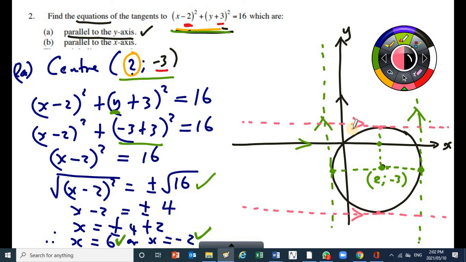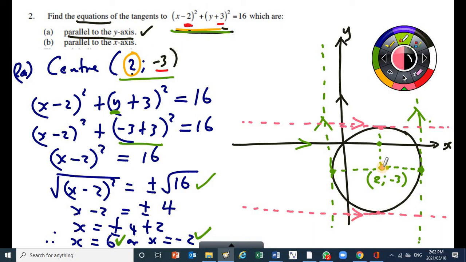Okay? So we need to find the value of y here. Please, it's no longer x now, it's y, because the equation of the horizontal line starts with y equal to, right? So I need to find the value of y here and the value of y there. To do that, I have to substitute the value of x here.